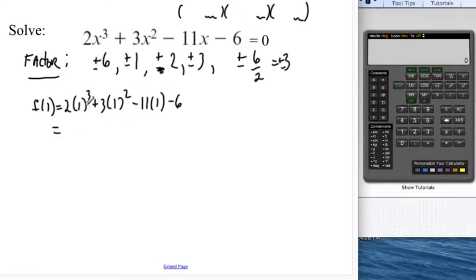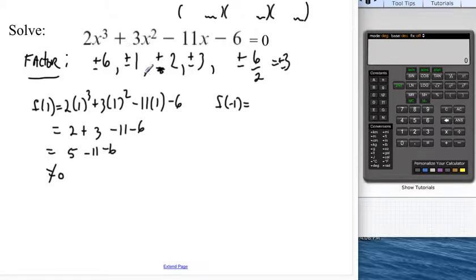Let's see. So that's 2, plus that's going to be 3 minus 11 minus 6. That's 5 minus 11 minus 6. That's not going to give us a 0. So I'll put a not equals 0. So right away we know that 1 is not a solution to this equation.